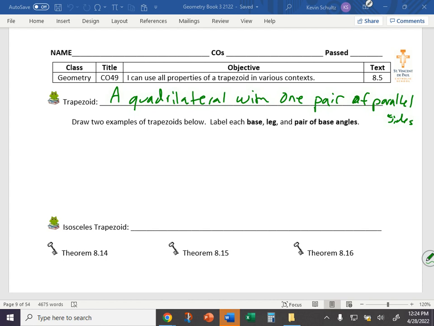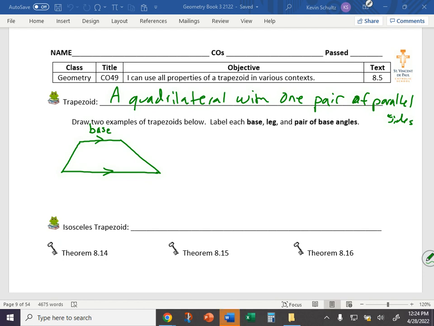When you think of a trapezoid, you probably think of a shape that looks something like this. And so its pair of parallel sides would be there and there. Those are referred to as the bases. And if you remember the formula for the area of a trapezoid, you have base 1 plus base 2.